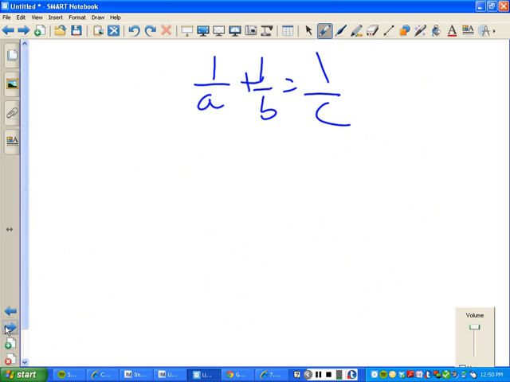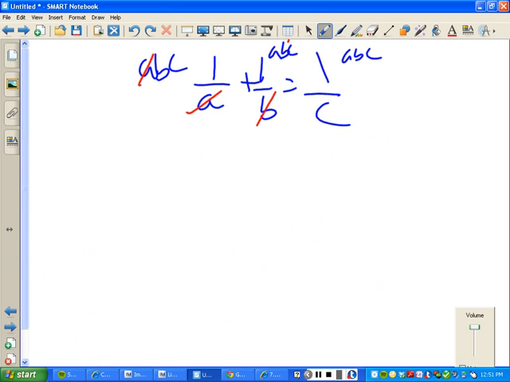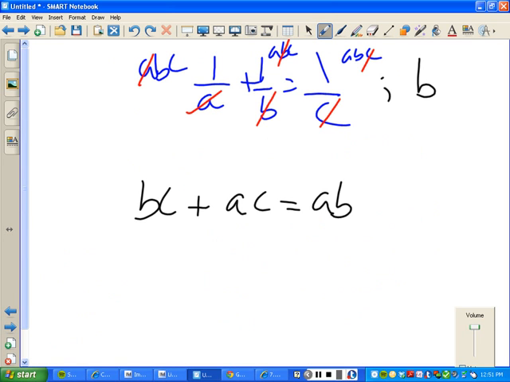All right. So for this one, you channeled your inner Sesame Street. You multiplied by ABC. Now what happens? The A and the A cancel, the B and the B cancel, the C and the C cancel, leaving me BC plus AC equals AB. And what are we solving for? B. Move this to get the B on the same side, so subtract BC. AC equals AB minus BC.